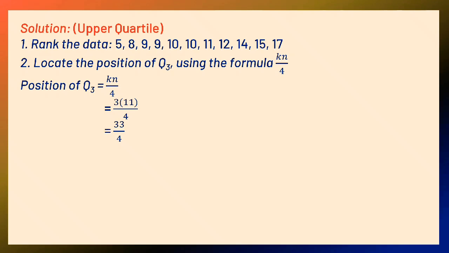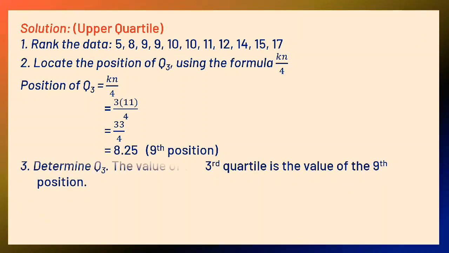That is equal to 33 over 4, which is equal to 8.25. According to the rule, we need to round it up, and quartile 3 in the set of data is located in the 9th position. So we need to count 1, 2, 3, 4, 5, 6, 7, 8, and 9.